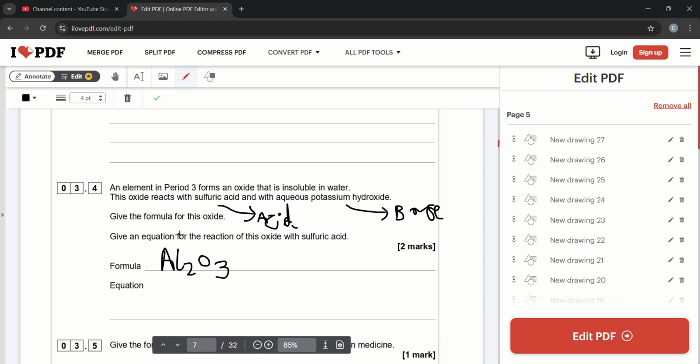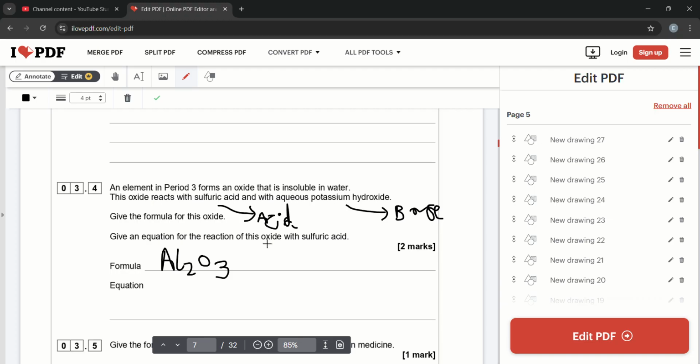They worded it really weirdly, like they're trying to trick you. But if you read the question properly, if it reacts with sulfuric acid and with a base, aqueous potassium hydroxide, it's got to be amphoteric. And what's the key oxide that's amphoteric? Aluminium oxide. I'm pretty sure that's the only one you study.